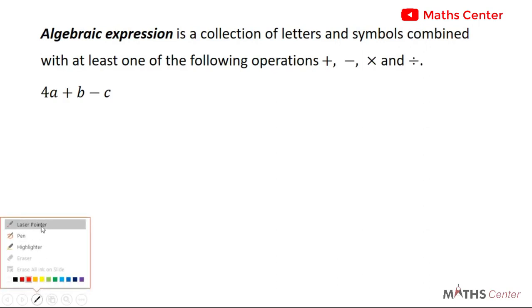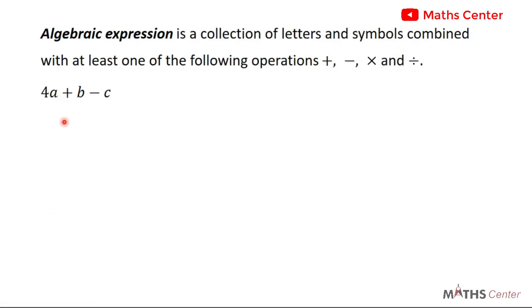We can see from here that we have a collection of letters and symbols, and they are being separated by at least one of those operations. 4a is separated from b by an addition sign, and b is separated from c by a subtraction sign. So something like this is what we refer to as an algebraic expression.